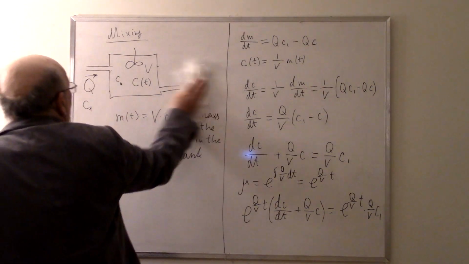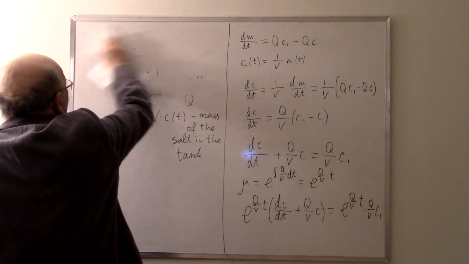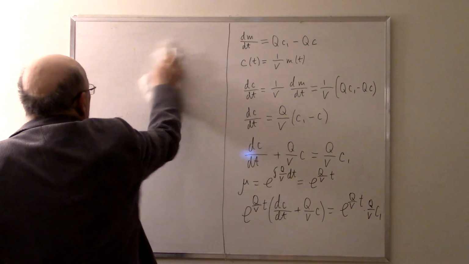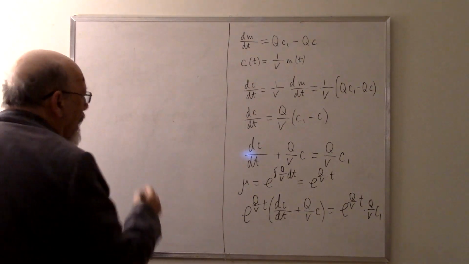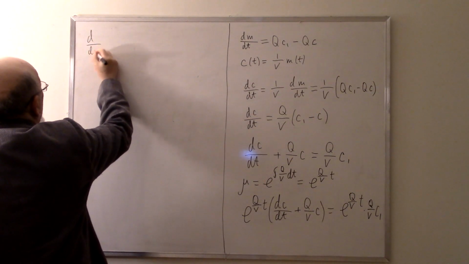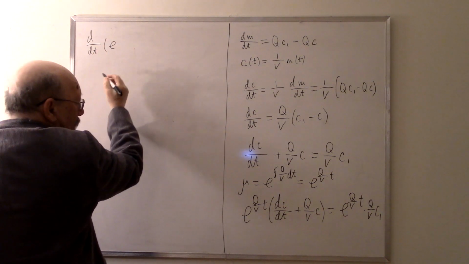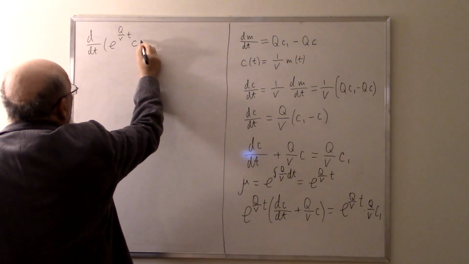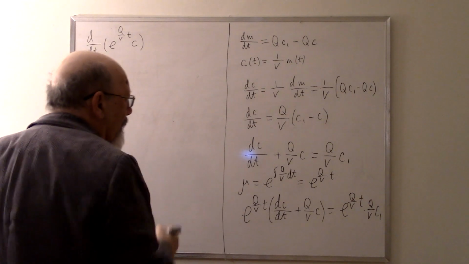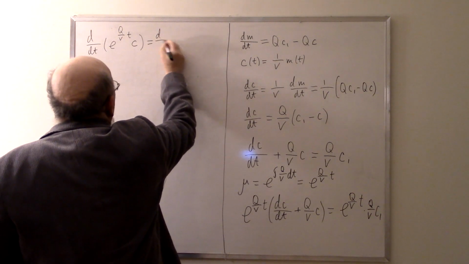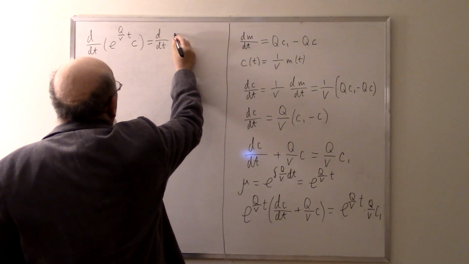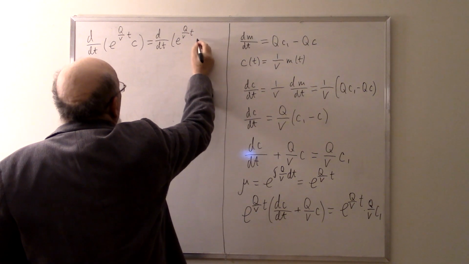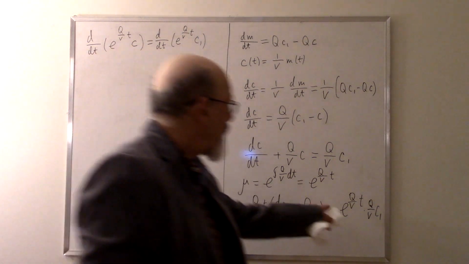Now it is the same as, okay, let me temporarily erase it, d/dt of (e to the power Q over V t times C) equals d/dt of (e to the power Q over V t times C1). Yes, it is also a derivative.